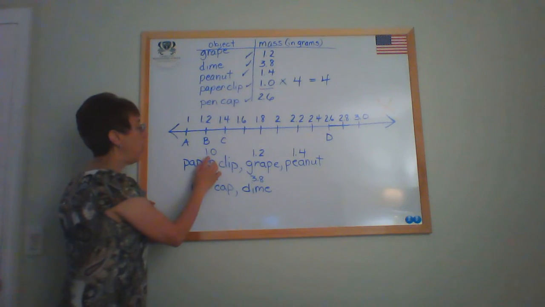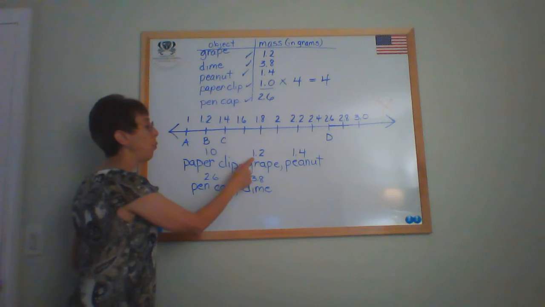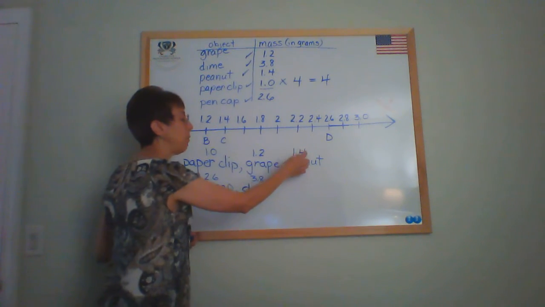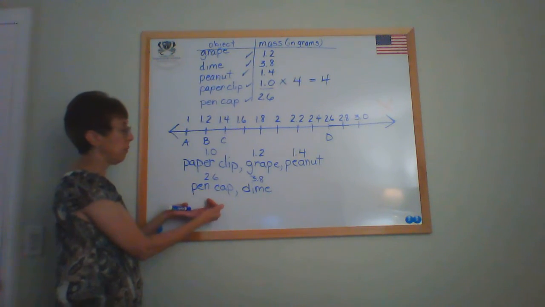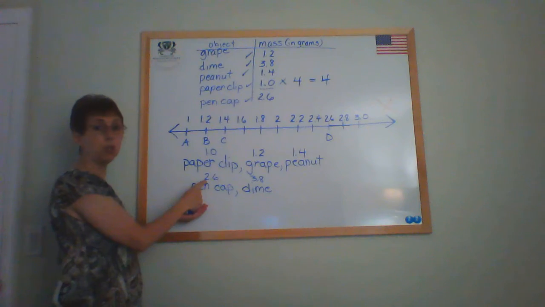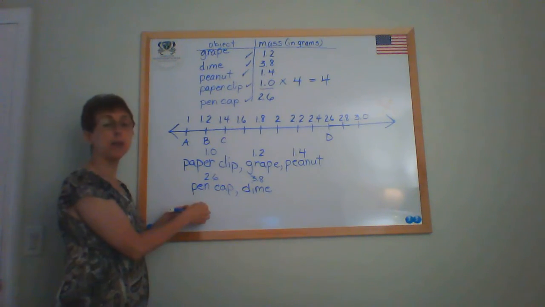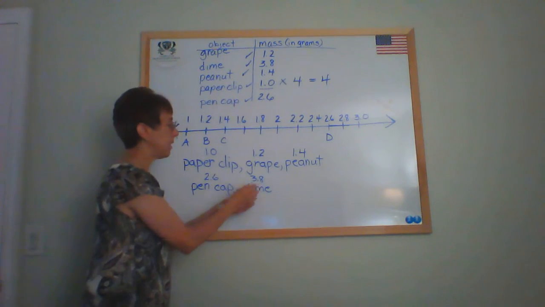So 1 and 0 tenths, which we just say is 1, then 1 and 2 tenths, then 1 and 4 tenths. And then the next largest amount that we had was the pen cap, 2 and 6 tenths. And then we had 3 and 8 tenths.